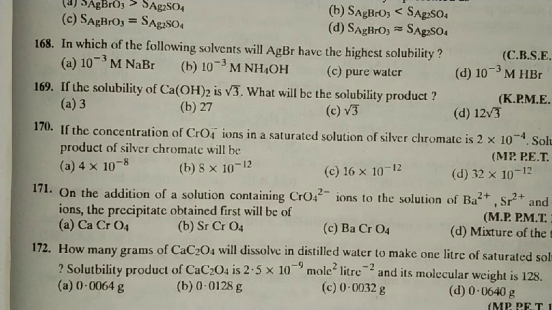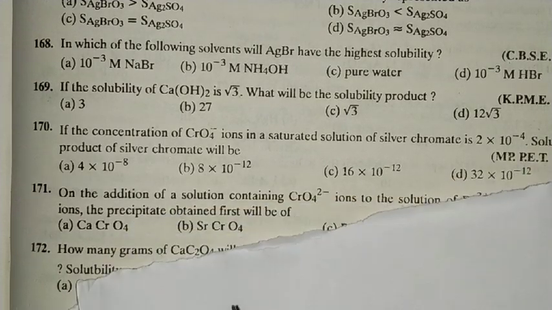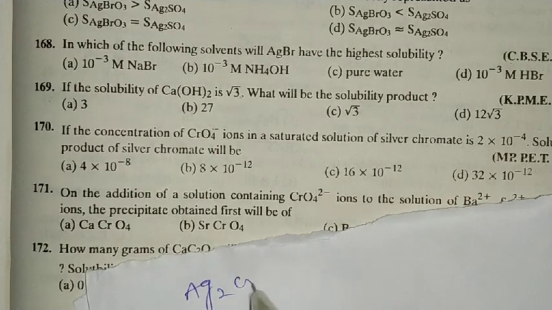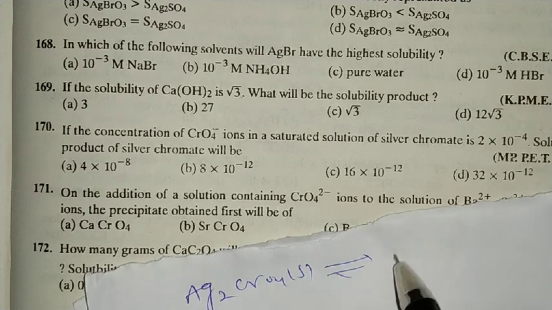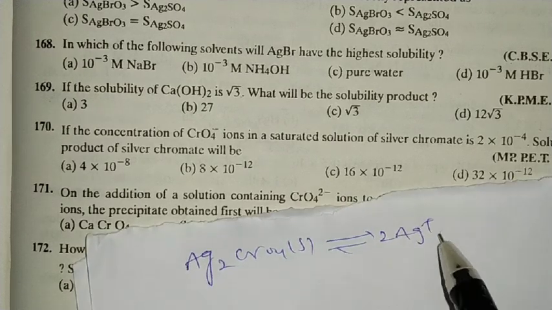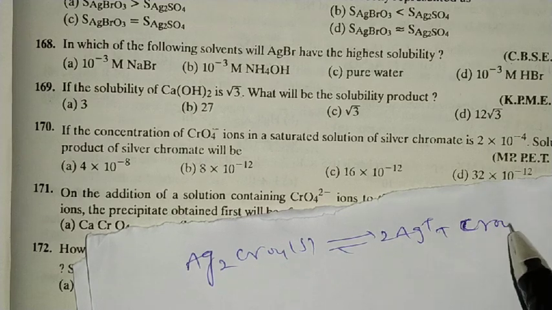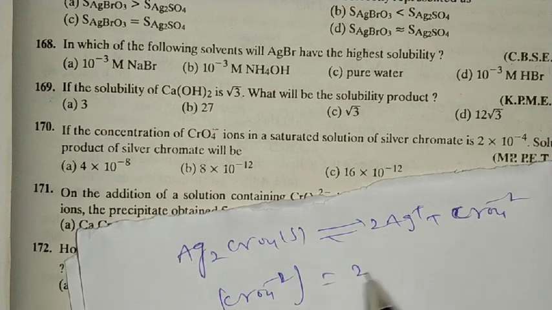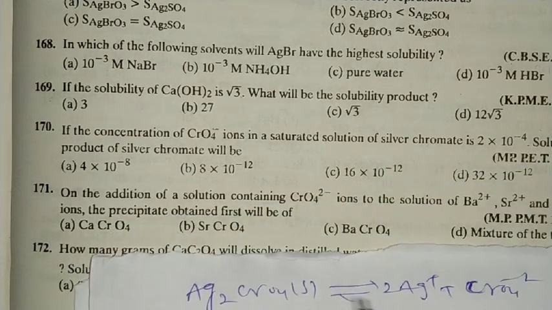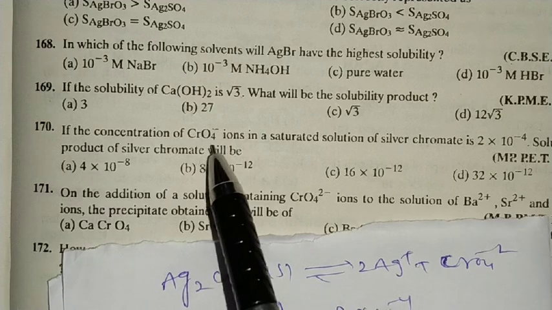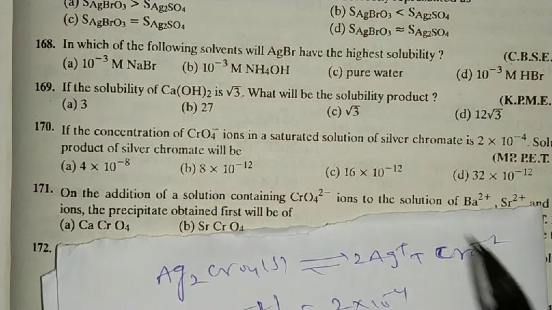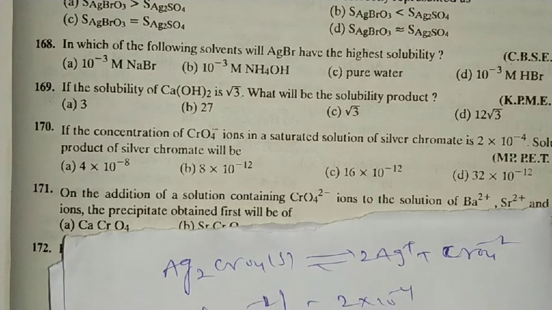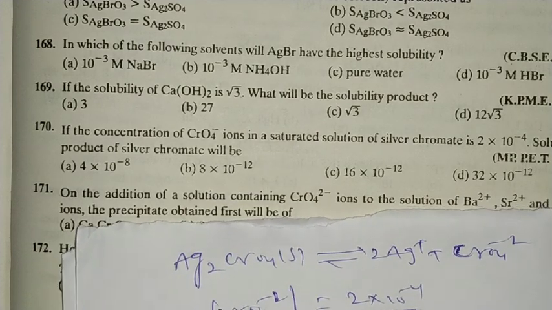So silver chromate, Ag2CrO4, gives 2Ag+ and CrO4 2- when split. The concentration of CrO4 2- given is 2 × 10^-4. Is it okay?